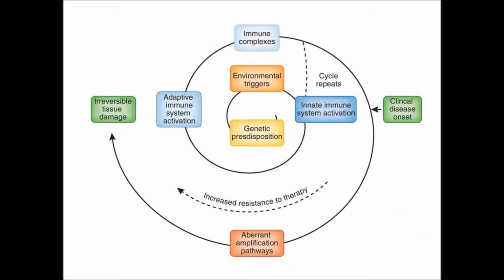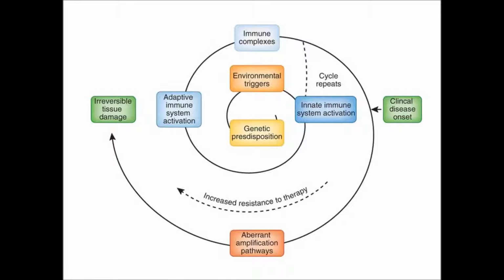Okay, this image also shows us the positive feedback loops and amplification loops that occur in SLE. In the center of the image, we have the genetic predisposition, maybe the complement deficiency. Then we have an environmental trigger, let's say UV light.